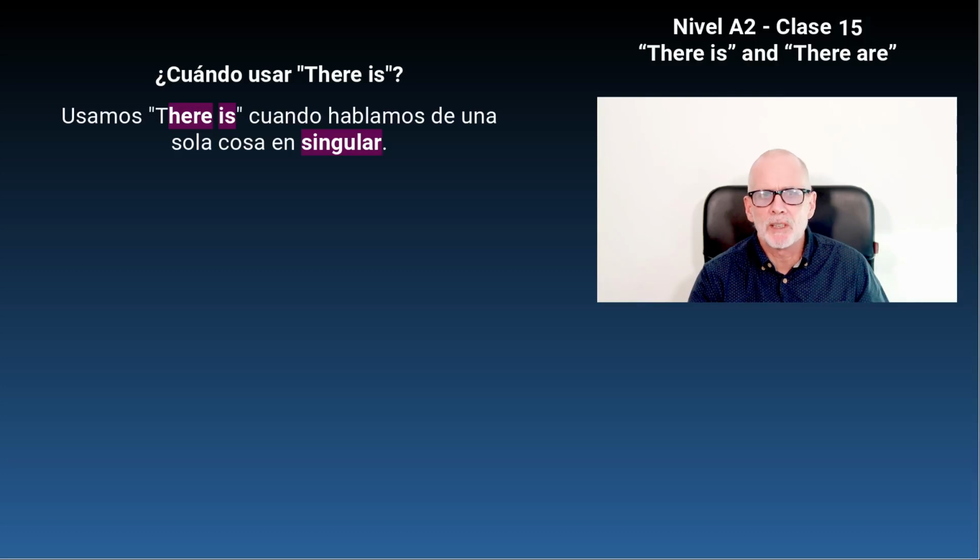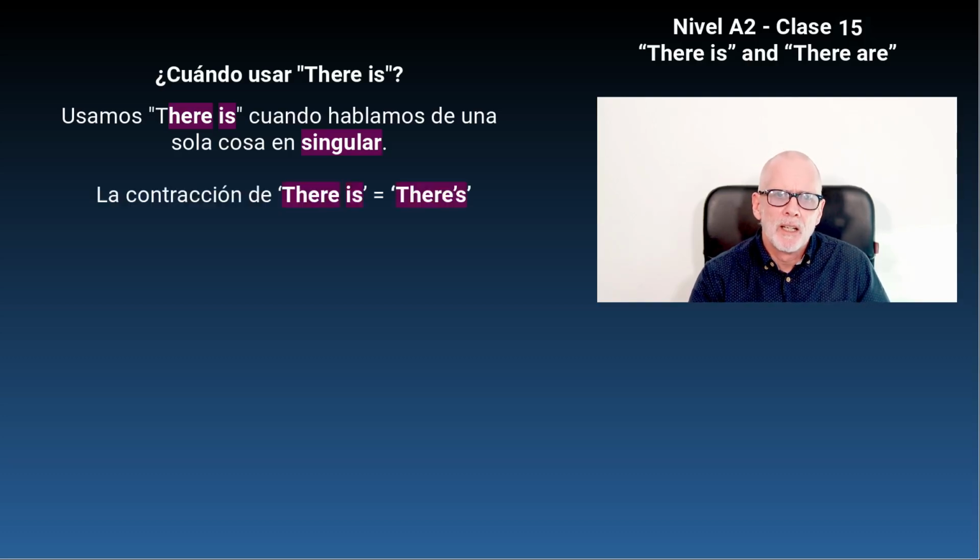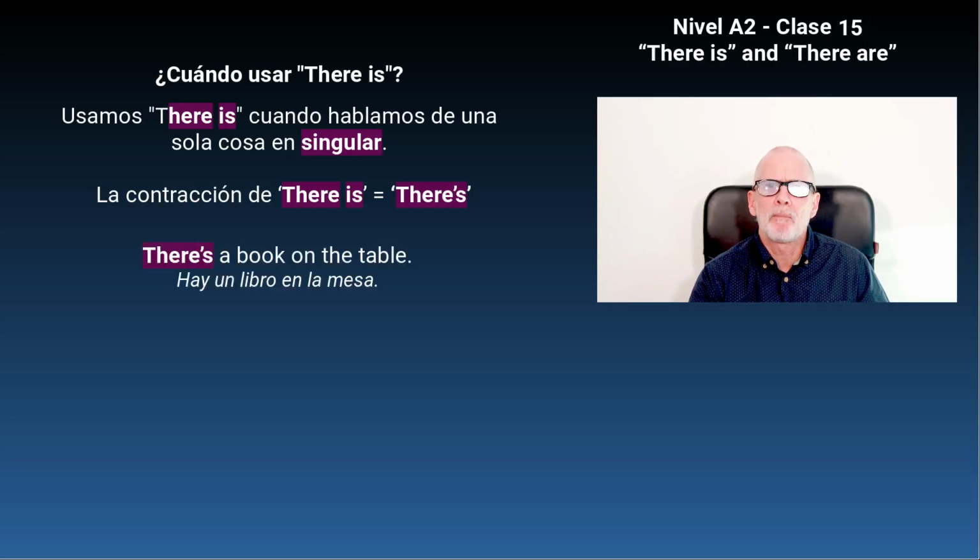Entonces, usamos there is cuando hablamos de una sola cosa o una cosa singular. Hay una contracción que los nativos casi siempre usan y en cambio de decir there is, decimos there's. Vamos a ver ejemplos.